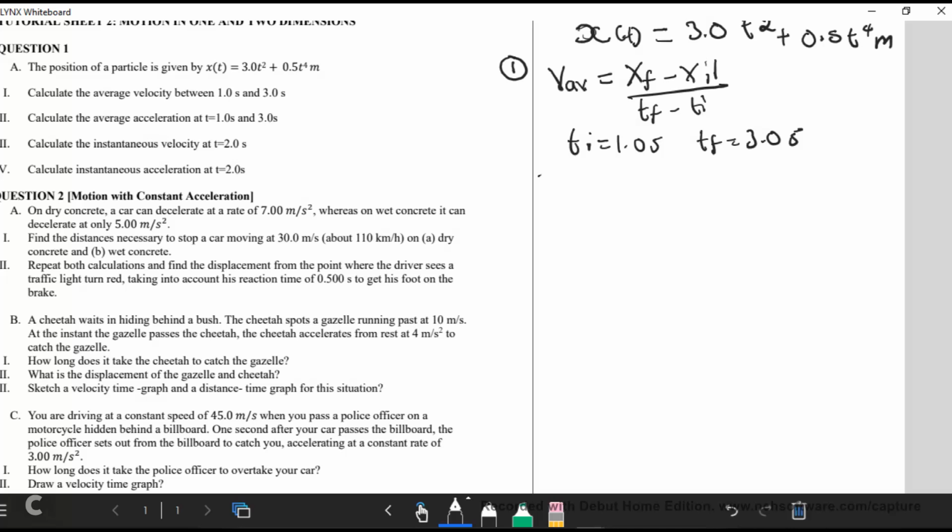That's when you say x. Now this one, we will place it everywhere where there's t in this equation. So meaning that it will be 0.5 to the power 4, like that. Now let's replace t with 1.